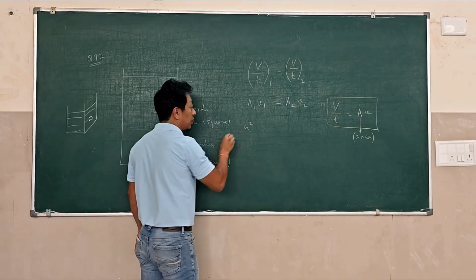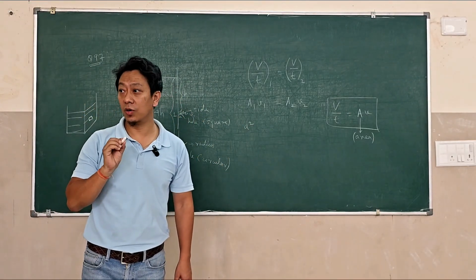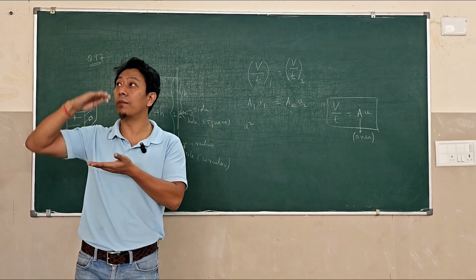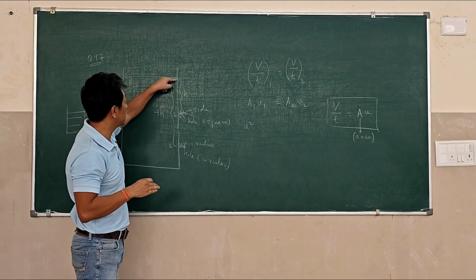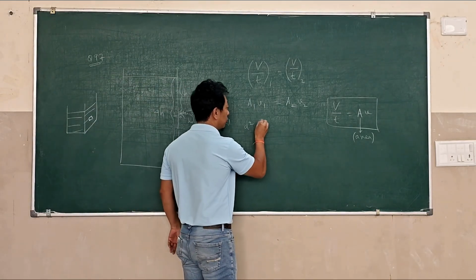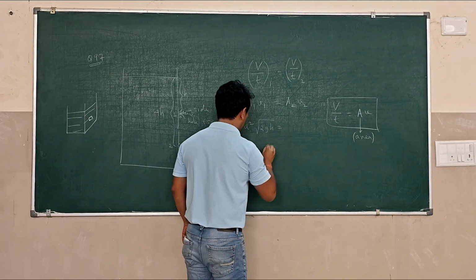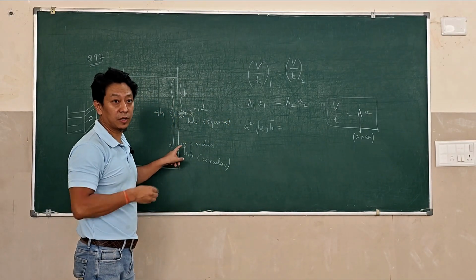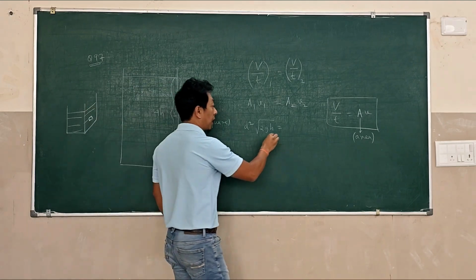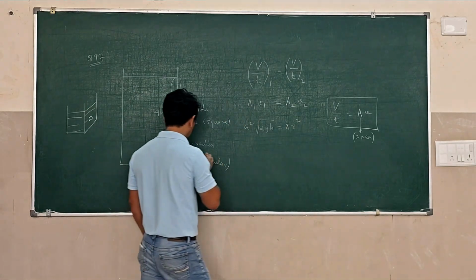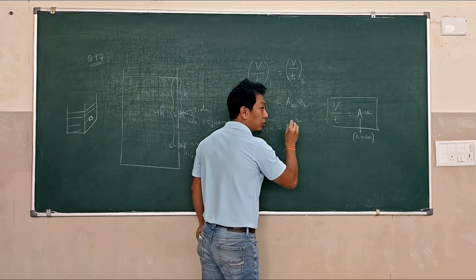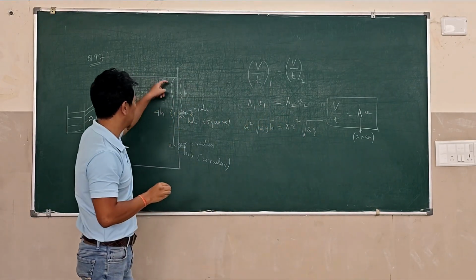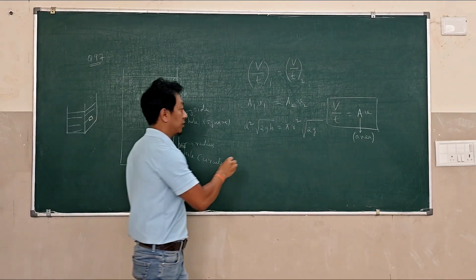What is the area of this hole? a square. What is v according to Torricelli's law? Root of 2gh, h meaning depth of the hole from the surface. From the surface, what is the depth of the square hole? h. So this is root of 2gh. What is the area of the circular hole? Pi r square. What is the velocity of fluid here? According to Torricelli's law, square root of 2g into the depth, 4h.